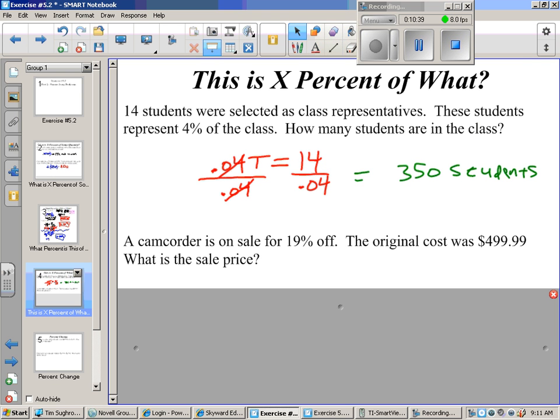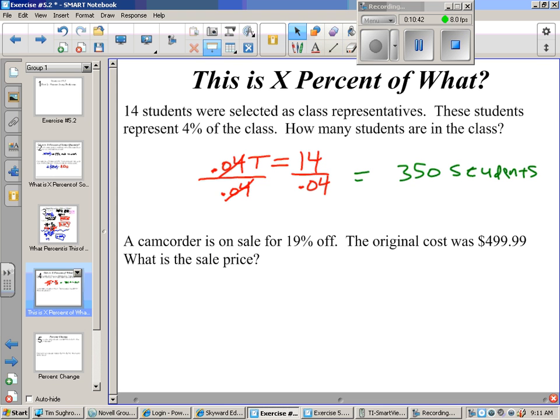The second one here is the one that tends to give students more problems, because it really is a percent increase or percent decrease problem. But to me, they're the most important, because when you walk into a department store and it says you're going to get 19% off a particular item, it's amazing how many consumers don't know how to calculate that.